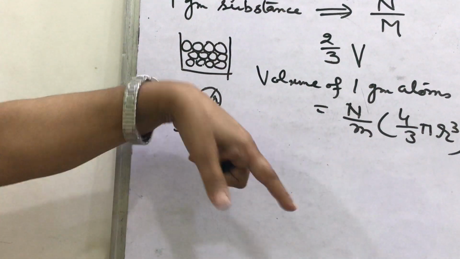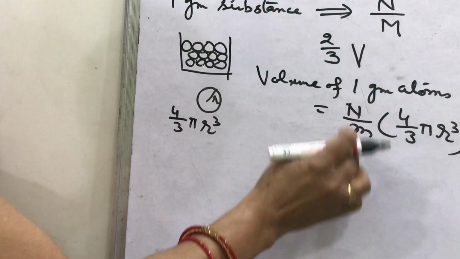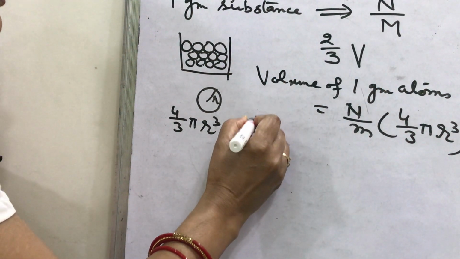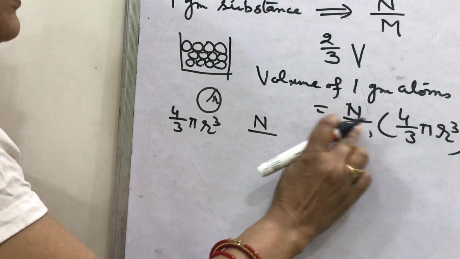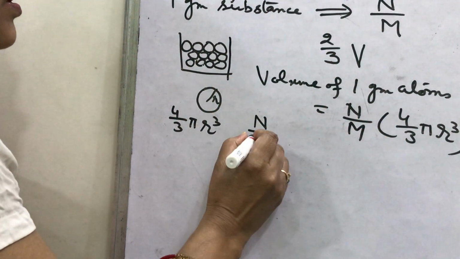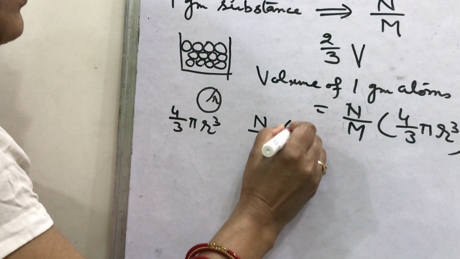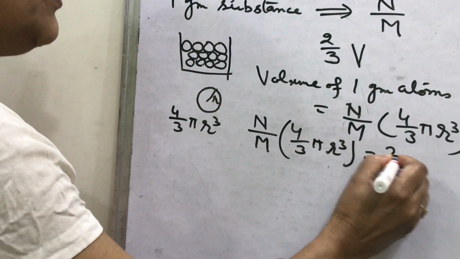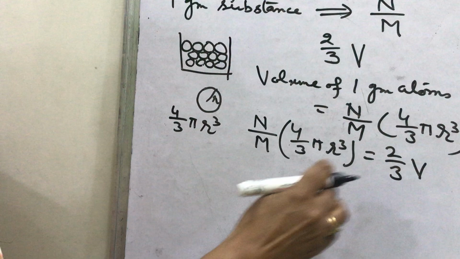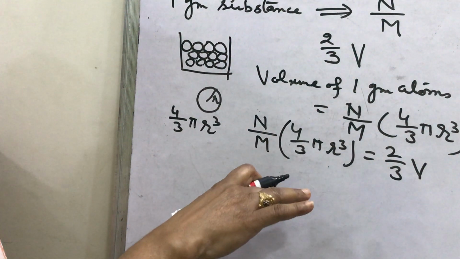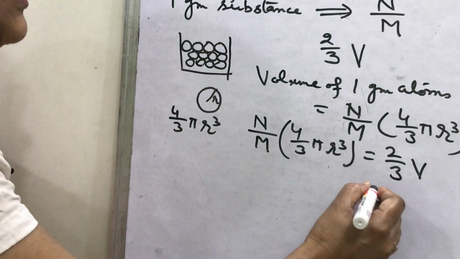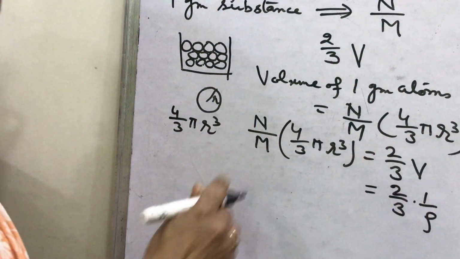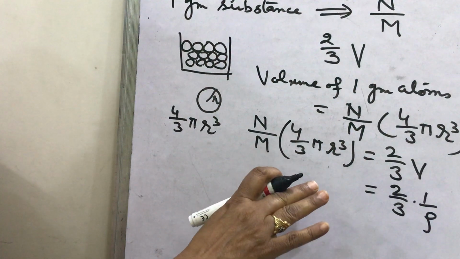Now, since as per Avogadro hypothesis, this is the actual volume, it should be equal to 2 by 3V. So you will write here n by m, molecular weight, into 4 by 3 pi r cube will be equal to 2 by 3V. And you know volume is inversely proportional to density. So in place of volume, you can also write 1 upon density. Density of substance must be known.